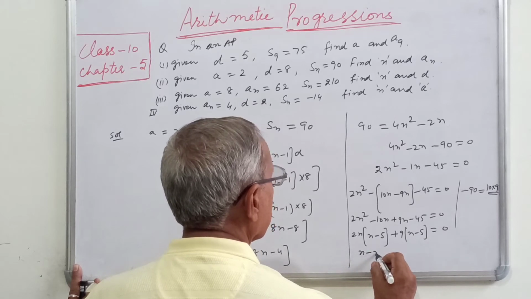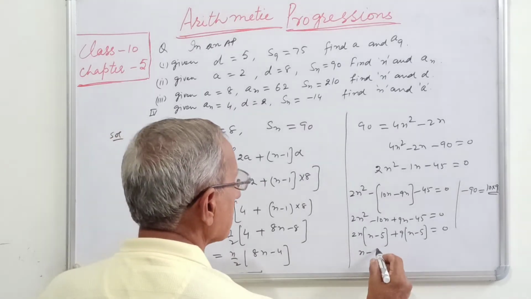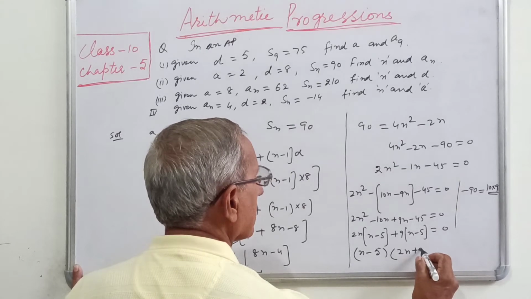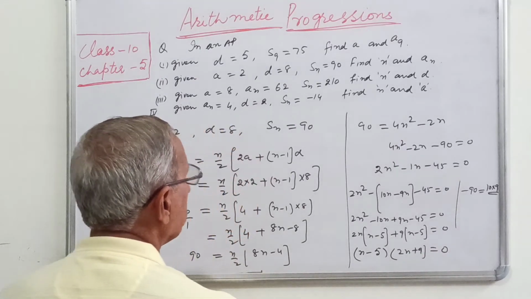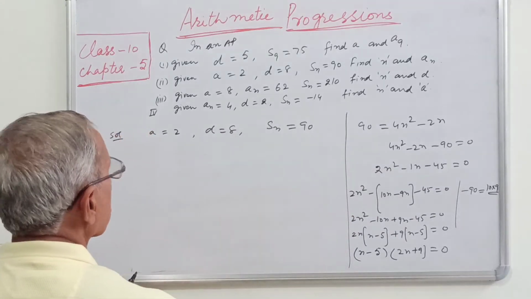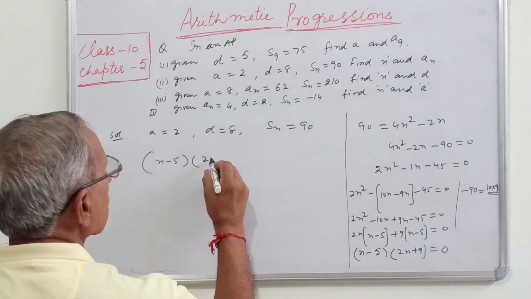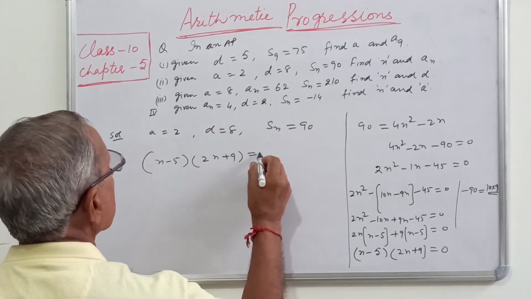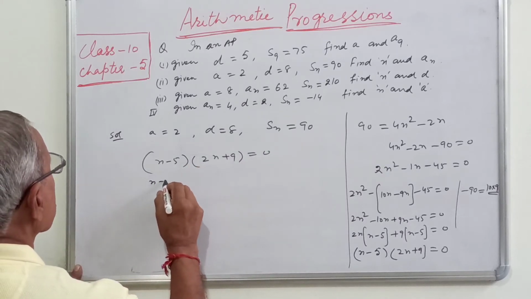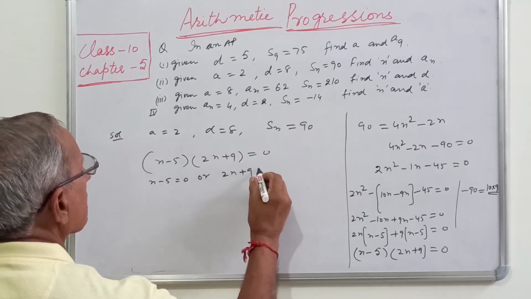तो फैक्टर बने n माइनस 5, another factor 2n plus 9 is equal to 0. So the first factor is n minus 5, and the second factor is 2n plus 9 is equal to 0. So putting 0 for both factors, n minus 5 is equal to 0 or 2n plus 9 is equal to 0.